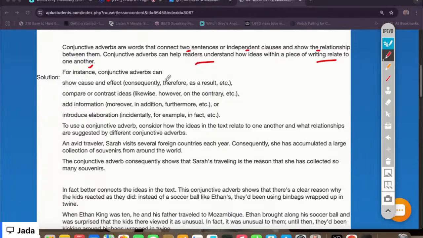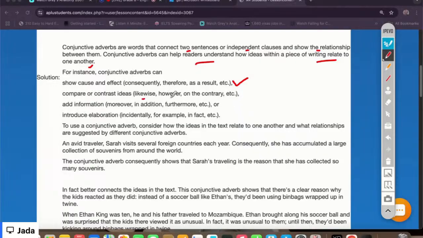For instance, conjunctive adverbs can show cause and effect. So we have consequently, therefore, as a result. These conjunctive adverbs show cause and effect. Then compare or contrast ideas. We have likewise, however, on the contrary.